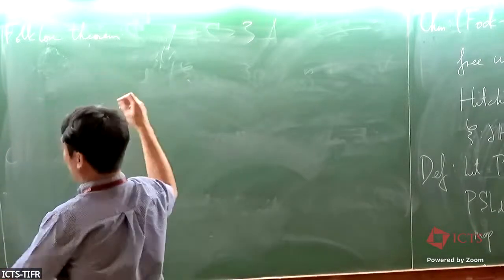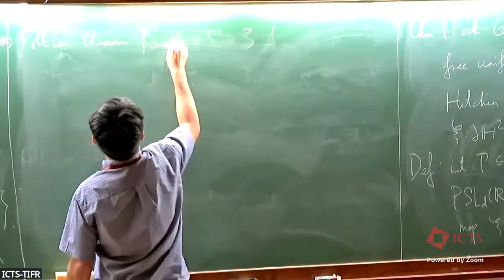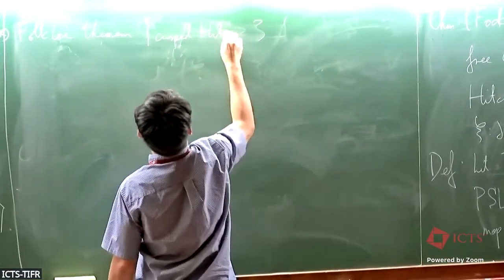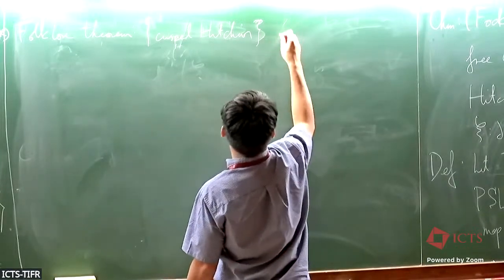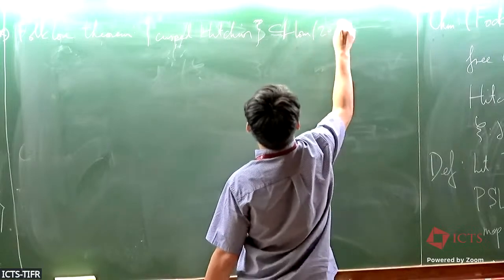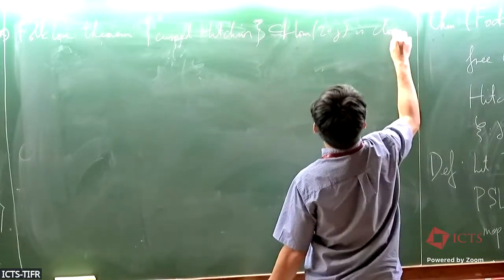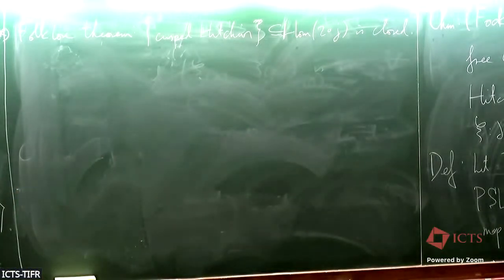Which is that these cusp Hitchin representations inside of this Hom_{iota J} are also closed.